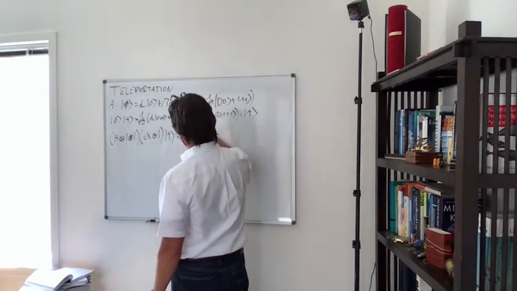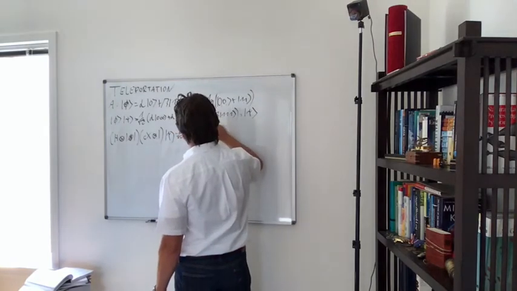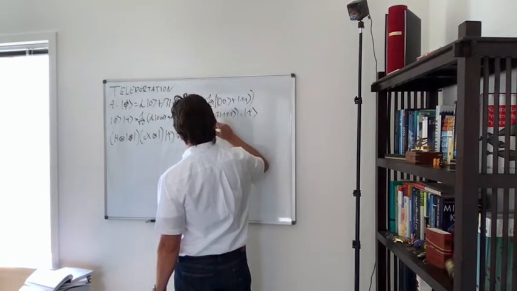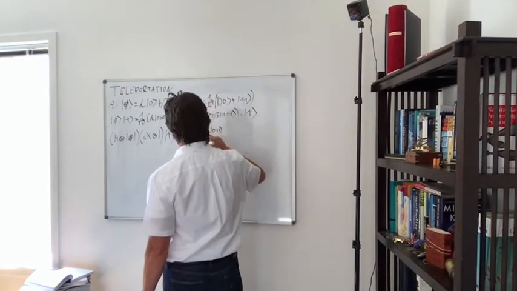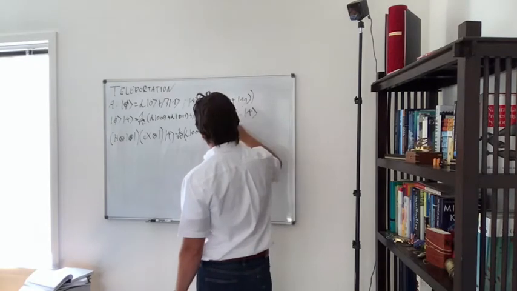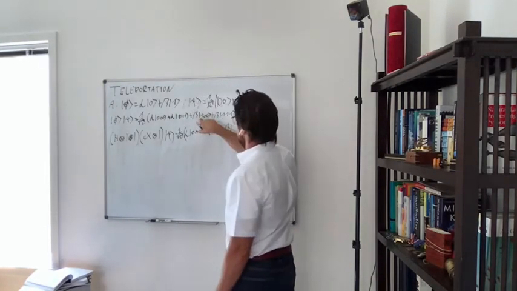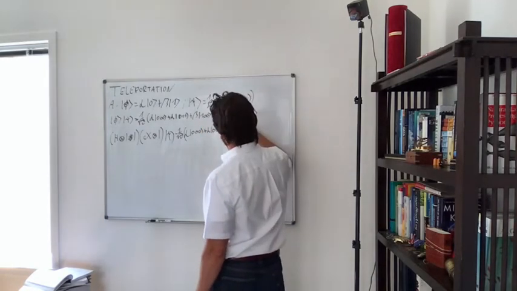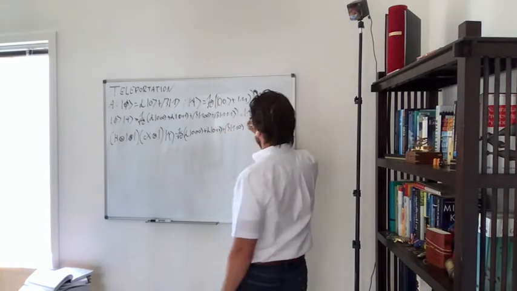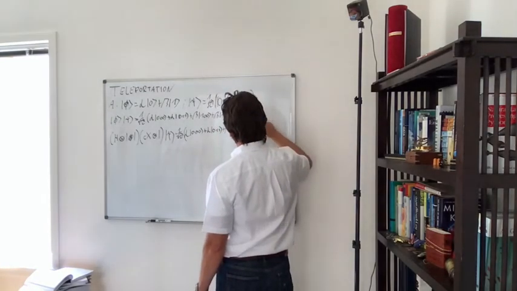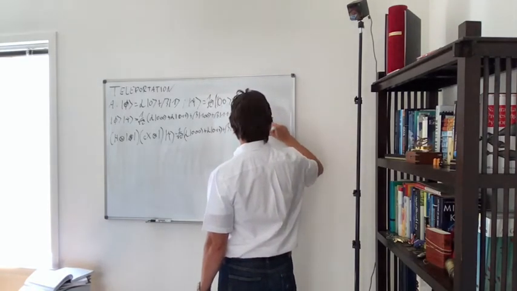This one remains the same. Then alpha 0, 1, 1 remains the same. Then beta 1, 0, 0 does not remain the same. So we look at 1 and 0 here, so this becomes 1, 1, 0. And then we have beta 1, 1, 1, which becomes beta 1, 0, 1. Okay?